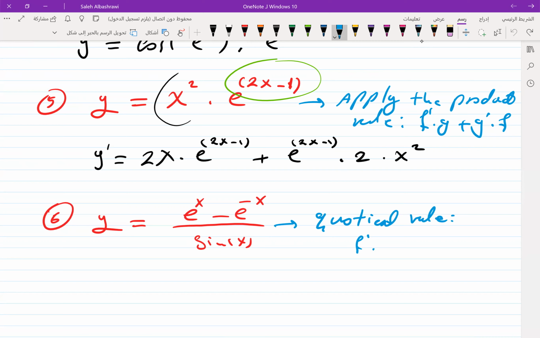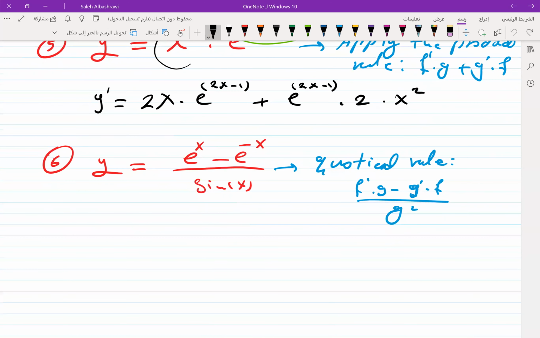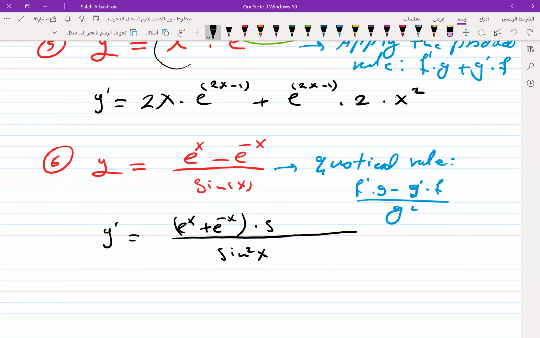That is f prime g minus g prime f divided by g squared. So the derivative in this case, y prime is equal to, for the denominator it is sine squared, and the derivative of the numerator, that will be e to power x plus e to power minus x multiplied by the denominator, which is sine x, minus.